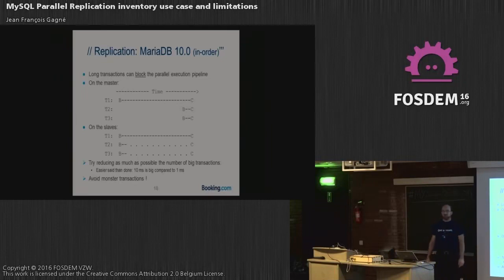So a message for developers. Before MariaDB 5.3 and before MySQL 5.6, commit was expensive, so it was good to do big transactions. Now it's not needed anymore, because MySQL 5.6, MariaDB 5.5 and MariaDB 10 do a good job at grouping transactions. And those big transactions become bad in parallel replication, so avoid those.